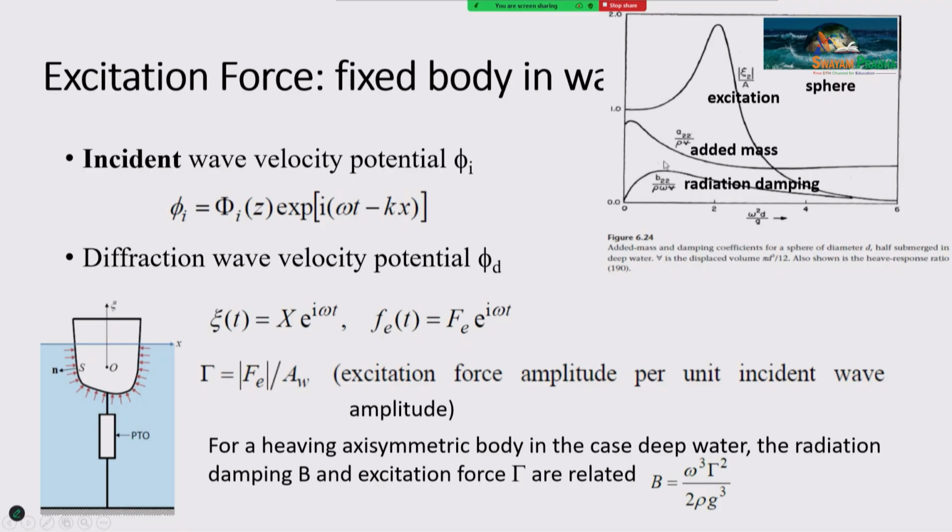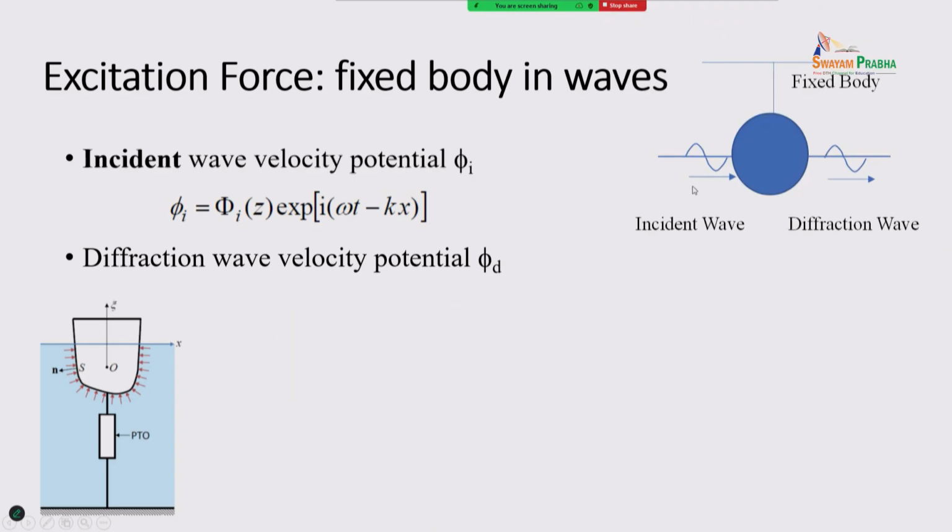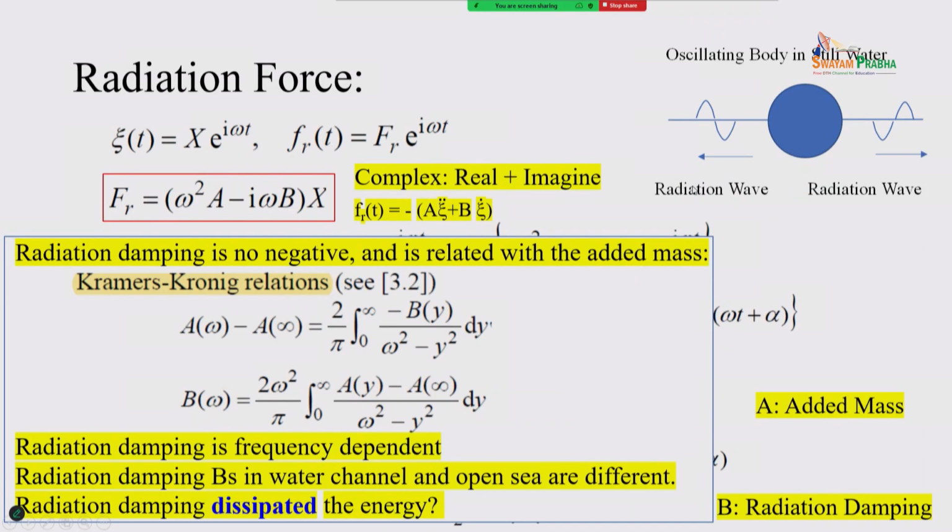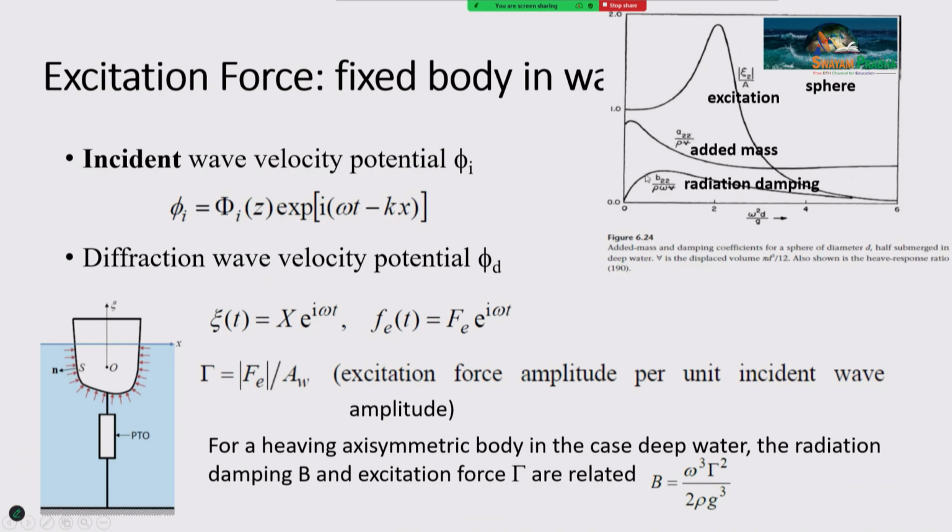I'm going to come back to this figure again. This is the normalized frequency. This line is the frequency-dependent added mass. Added mass and radiation damping are related, and this is the radiation damping term.